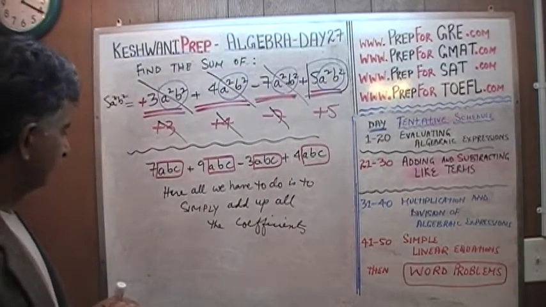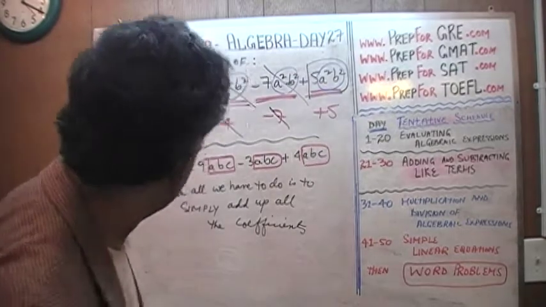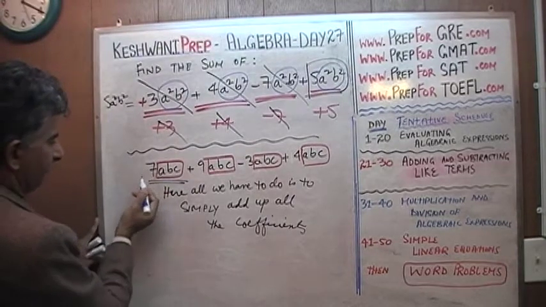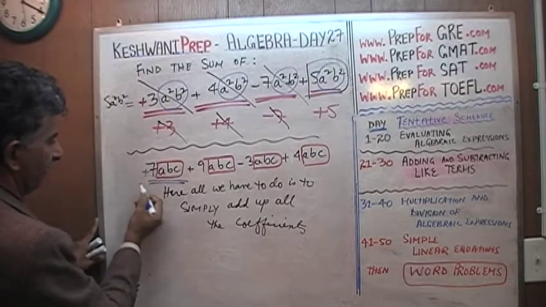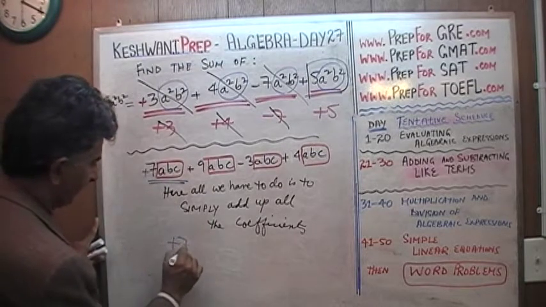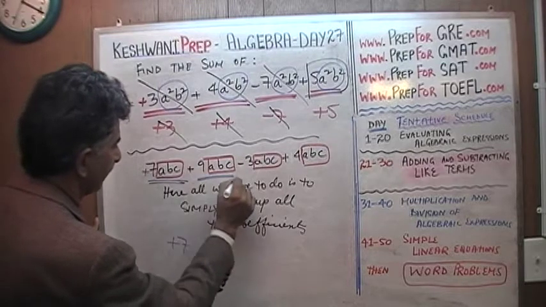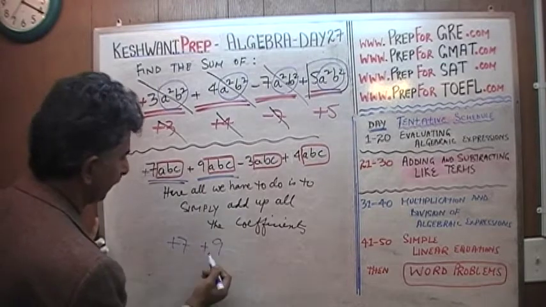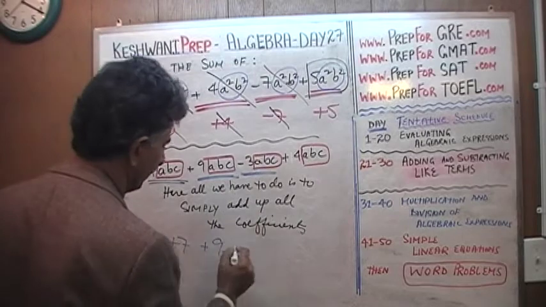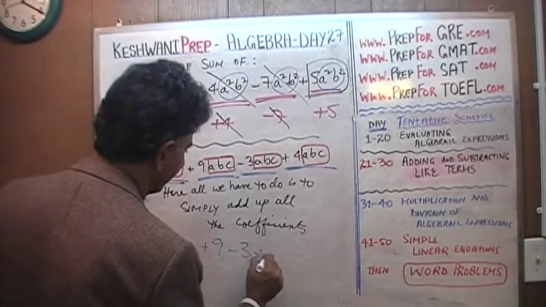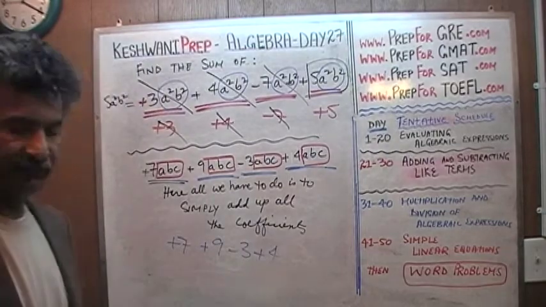Very straightforward, very simple task. The coefficient of the first term, since there is no sign in front of 7, is a positive 7. The coefficient of the second term, positive 9 abc, is positive 9. Here the coefficient is negative 3, and here the coefficient is positive 4. We just simply have to add them up, and that's our answer.